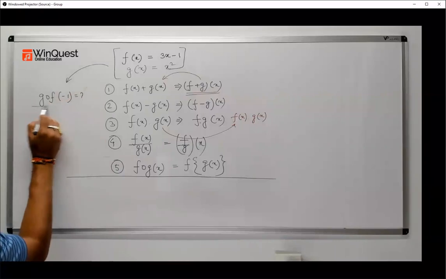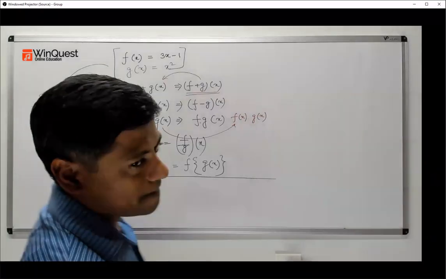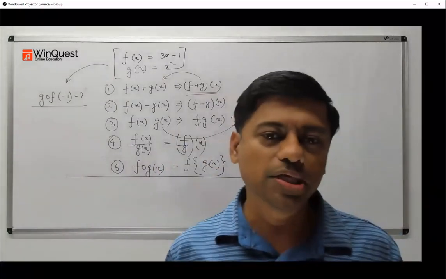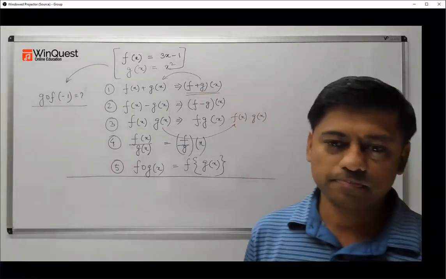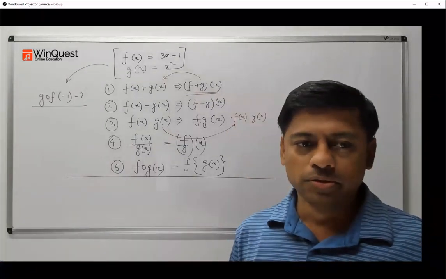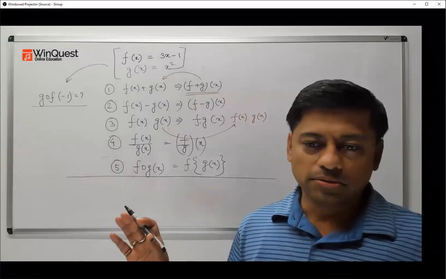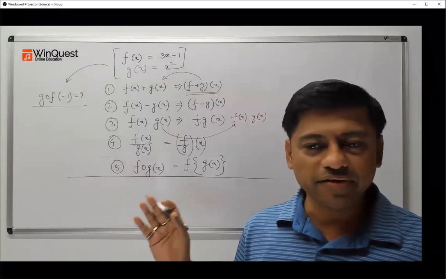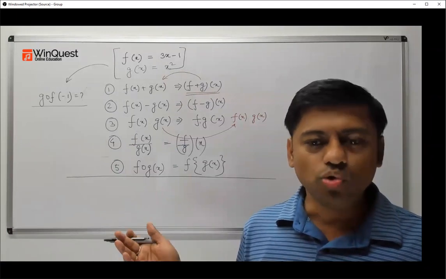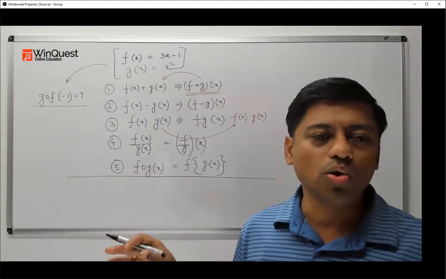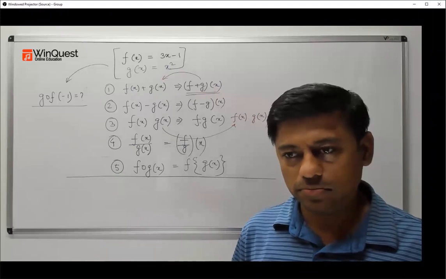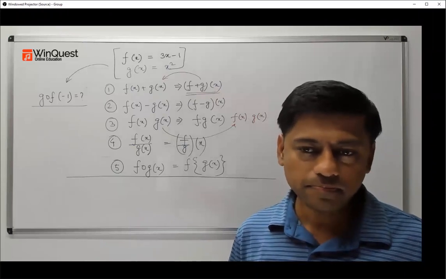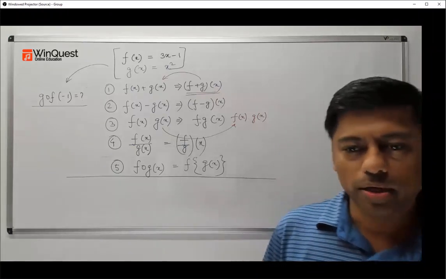We need to find this. Is the question clear? There are two functions, f(x) and g(x). You are being asked to find out what g of f(-1) is. Are we clear? Yes. Okay.